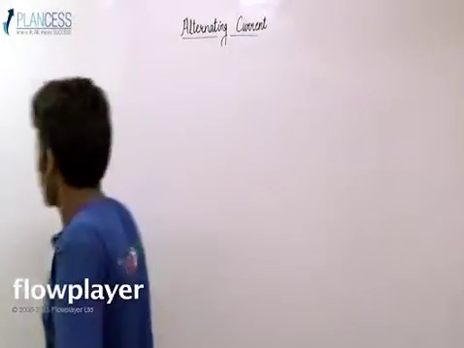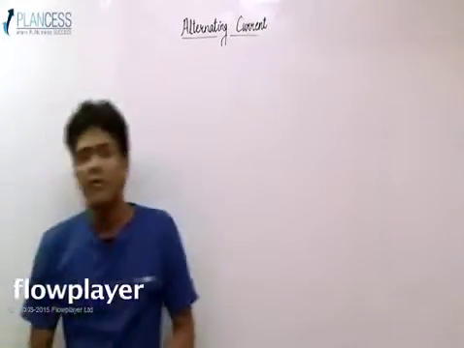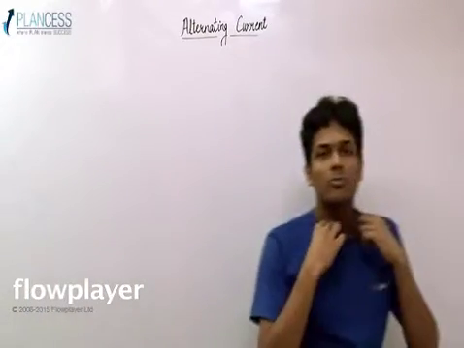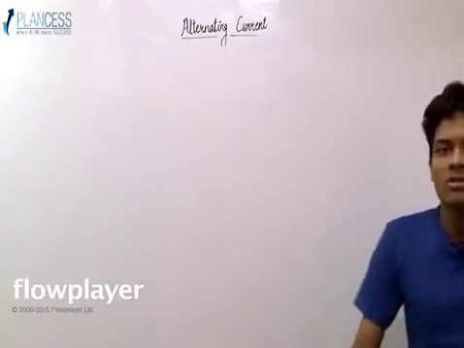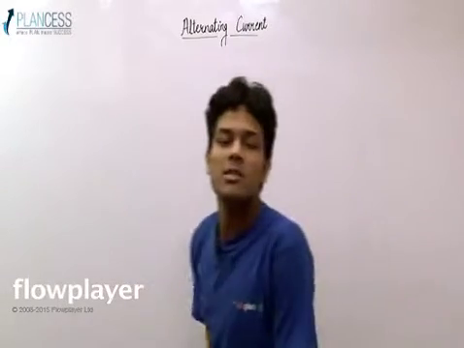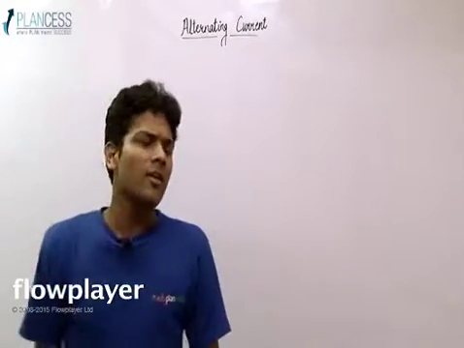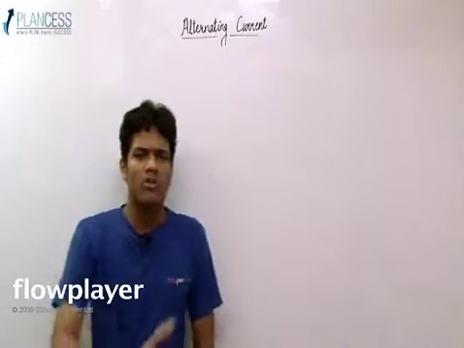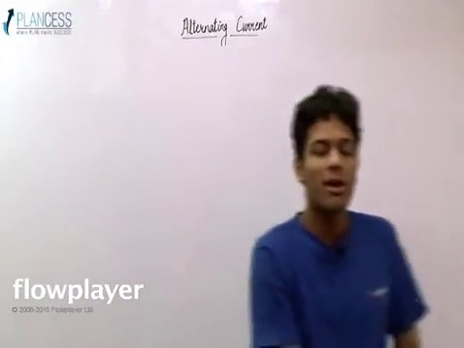So with this question, we come to an end to our advanced level module of alternating current. In this module, I tried to cover all the questions from different regions of alternating current, and basically not much variety of questions can be formed from alternating current.